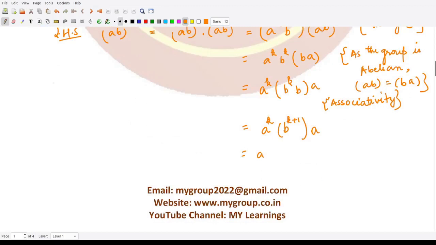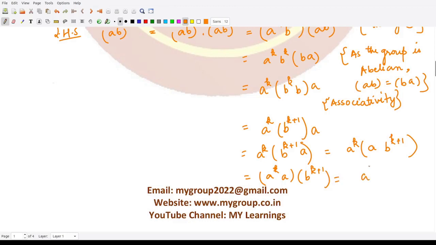Again we can use the abelian property to write it like this, and then it would be a^(k+1). Again you can use associativity, so this thing would be equal to a^(k+1) and b^(k+1), which is nothing but your right hand side.